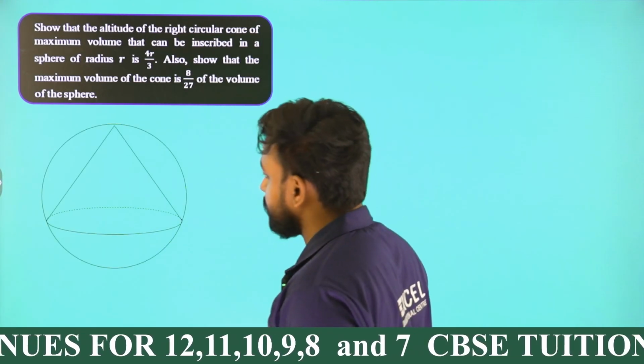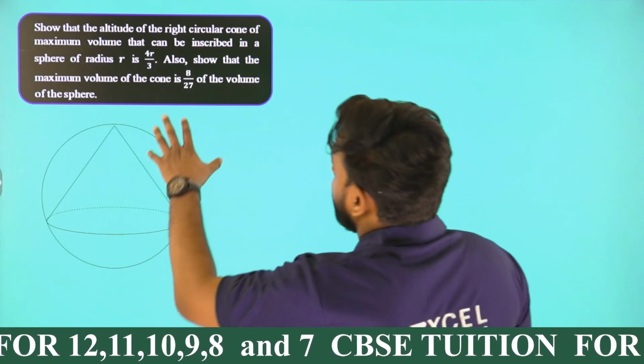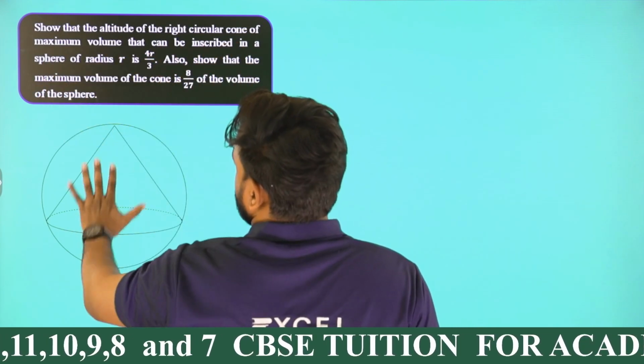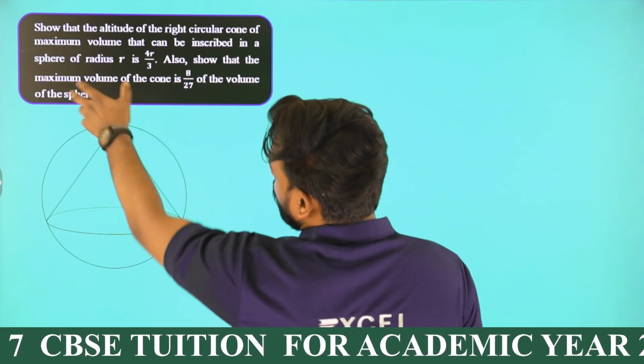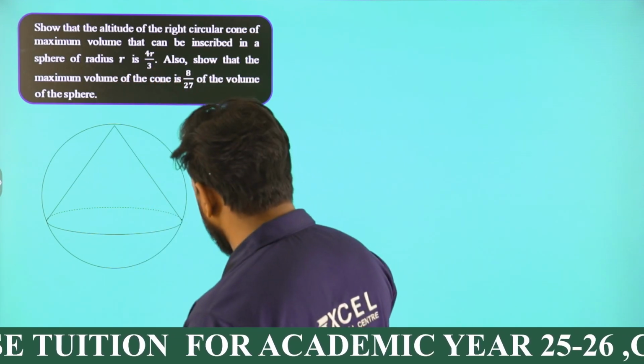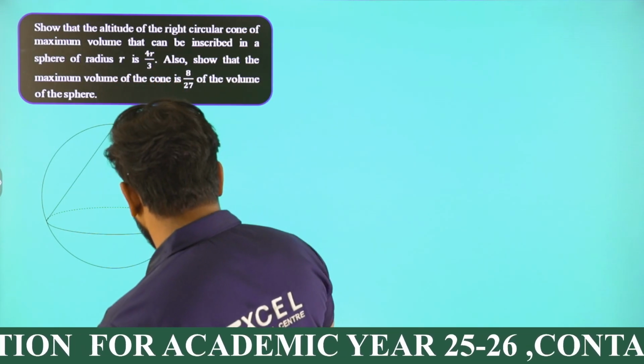This is the cone. Listen. The right circular cone is inscribed in a sphere of radius r. So the radius of the sphere is r.